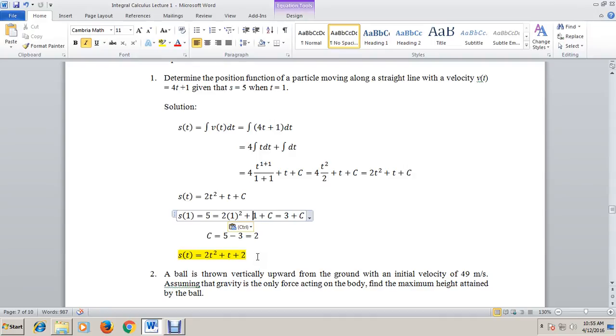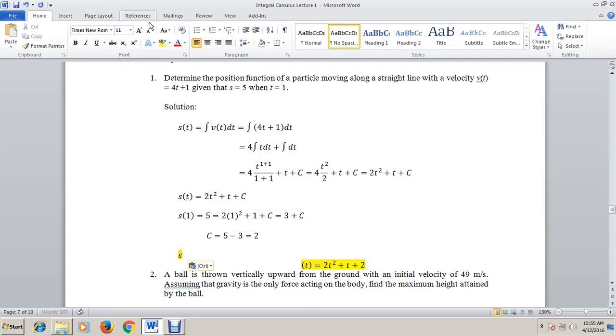This is a particular position function which has a particular solution. This is what is being asked for: the position function for given values of s and t.